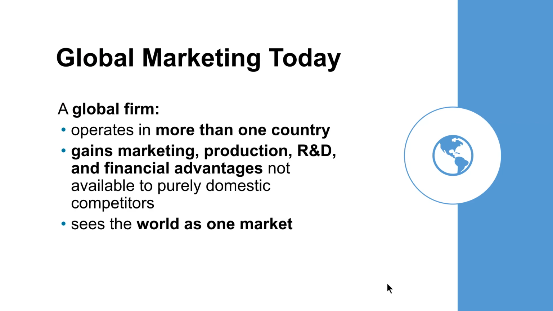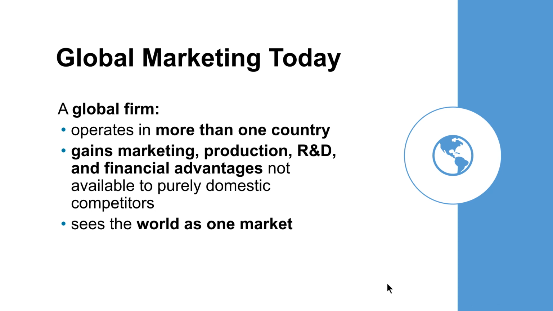Let's take a look at marketing today. So what is a global firm? A global firm, from a definition standpoint, is a company that operates in more than one country. It actually gains a lot of exposure and experience as well by gaining marketing, production, research and development, which is R&D, and financial advantages not available purely to domestic competitors.